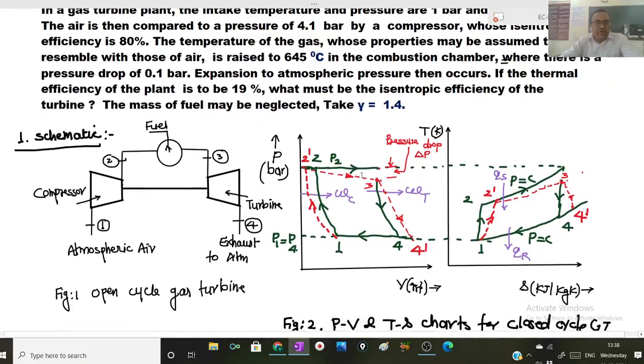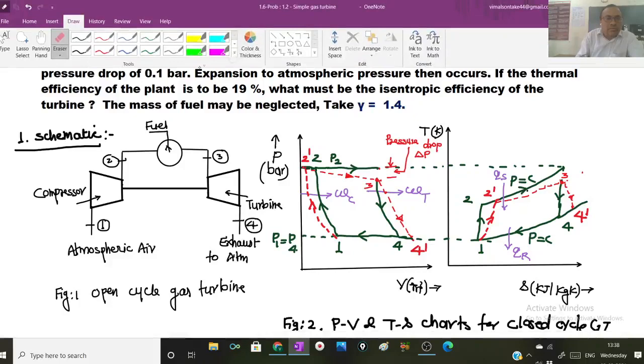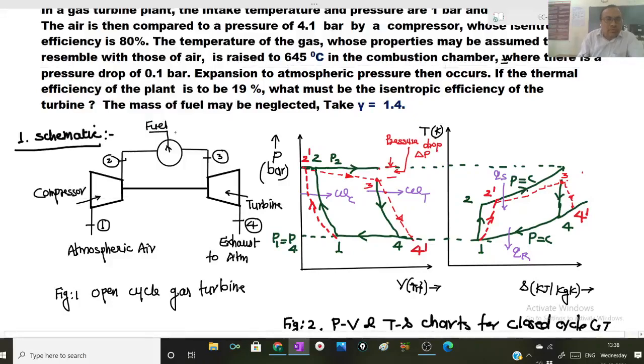So figure 1 represents an open cycle gas turbine having compressor, combustion chamber, and turbine. Process 1 to 2 is compression, 2 to 3 heat addition, and 3 to 4 expansion in the turbine.